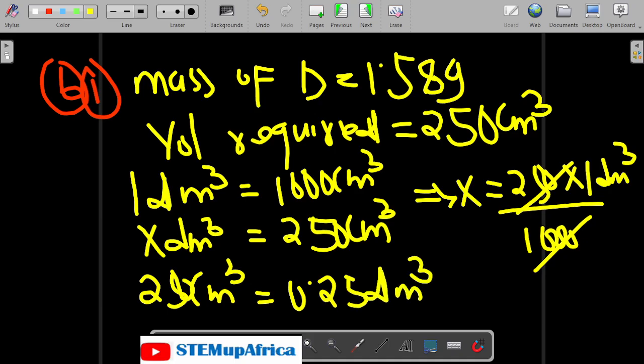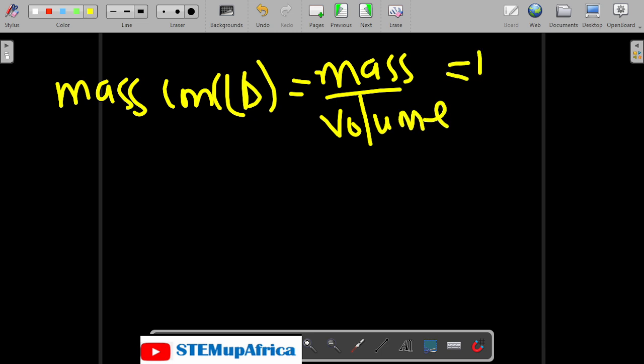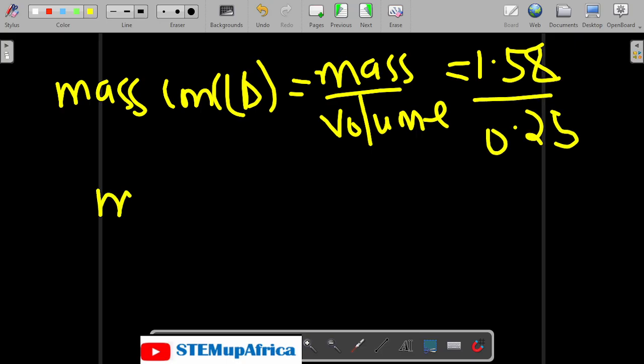So with that now I can calculate the mass concentration. Mass conc of D is simply mass over volume, in grams per dm cube. The mass is 1.58 and the volume now is 0.25.